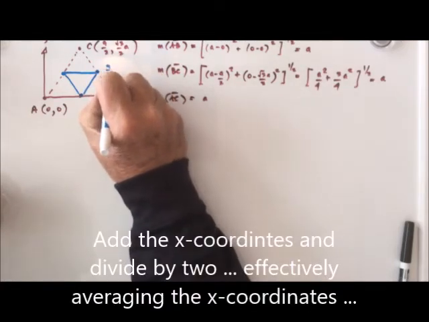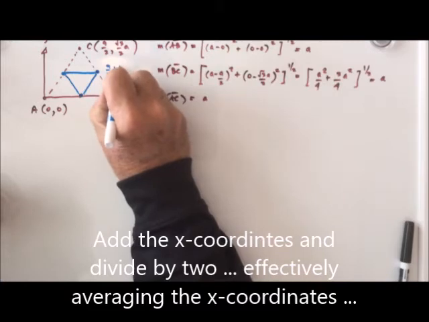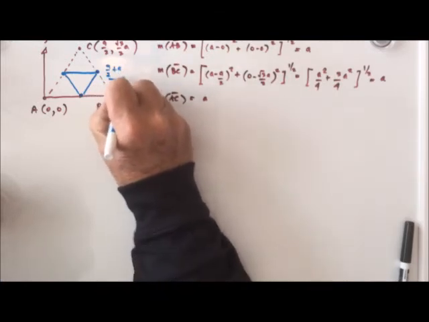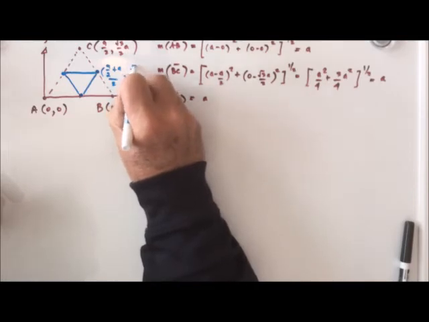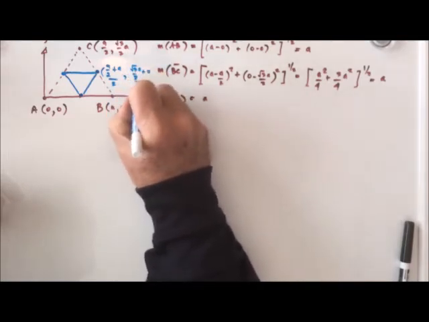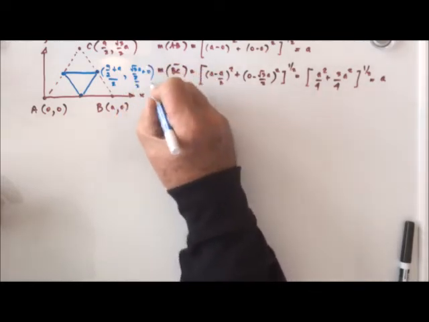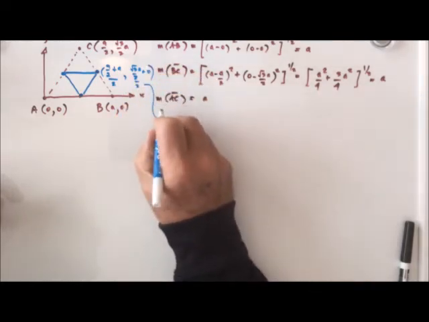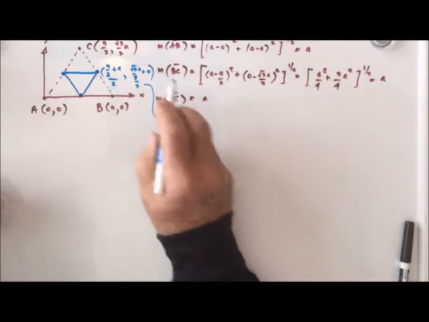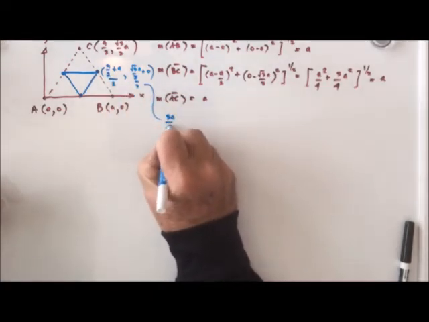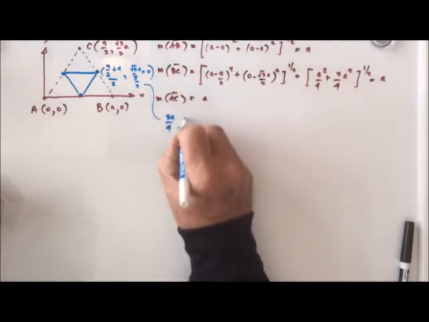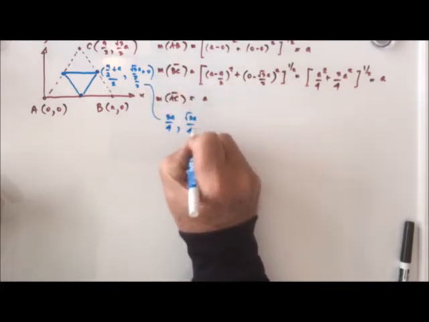Let's do it explicitly: (a/2 plus a) all over 2, and √3a/2 plus 0, all over 2. I'm going to bring that down here. That is the point (3a/4, √3a/4).